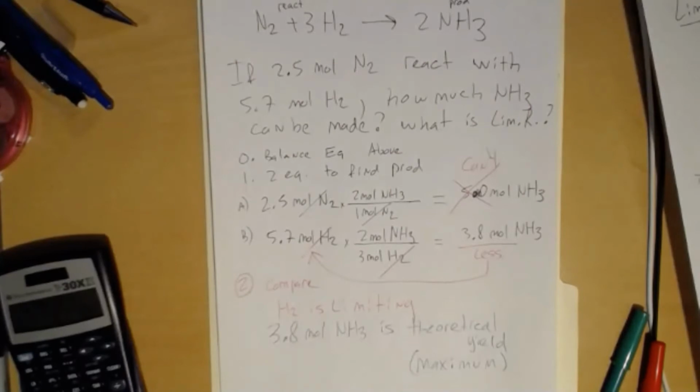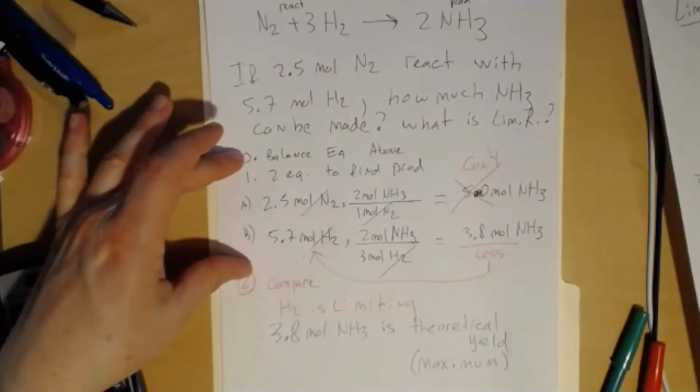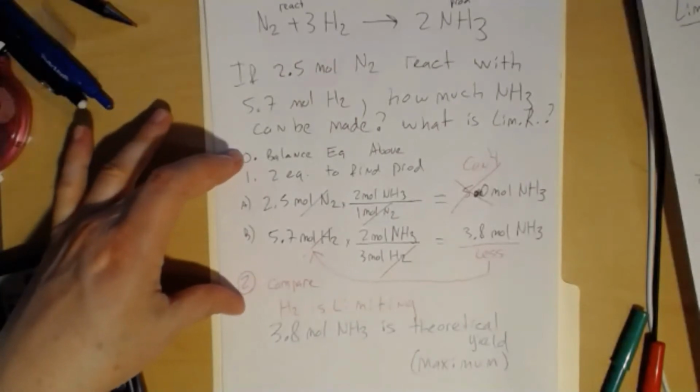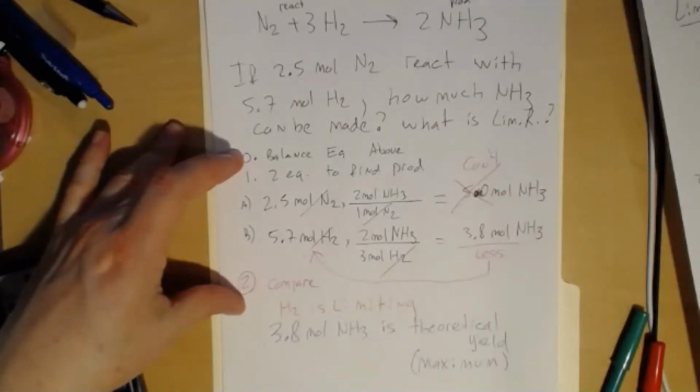Okay. And so someone was saying, yeah, because you're dividing by 3 here, you make a lot less, right? It's because of those mole ratios. They're super, super important. So this example is the easy example because I just did moles to moles. I could make this more complicated by giving you grams.